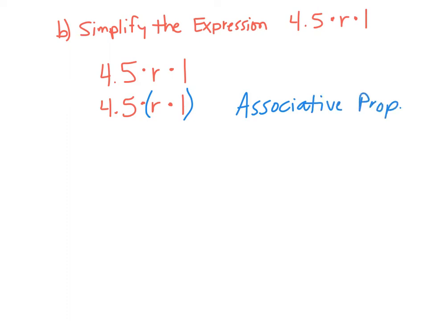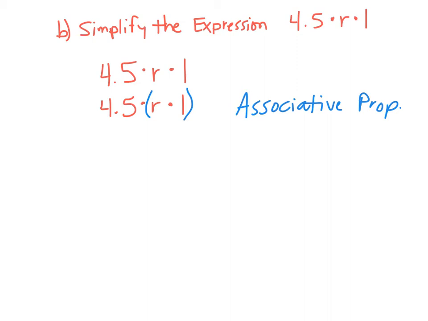So now I have 4 and 5/10 times r times 1, but I want to do my r times 1 first. Don't forget that my multiplication property of 1 tells me the product of any number and 1 is that number. That's why I chose the r, because it doesn't matter what r is.